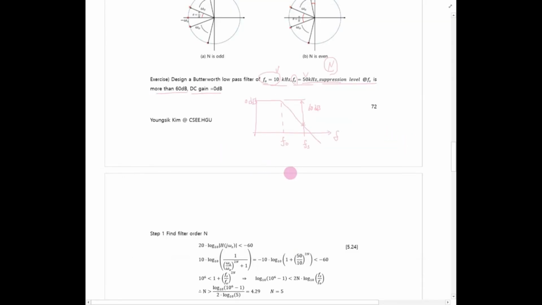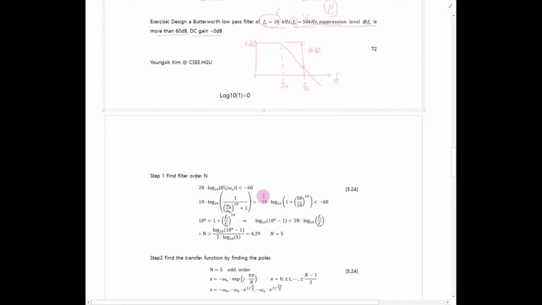Log 10 of 1 is always 0. So 1 means 0 dB. If you multiply by 20, it doesn't matter, because by definition log 1 is 0. In any case, that's just 0 dB DC gain.